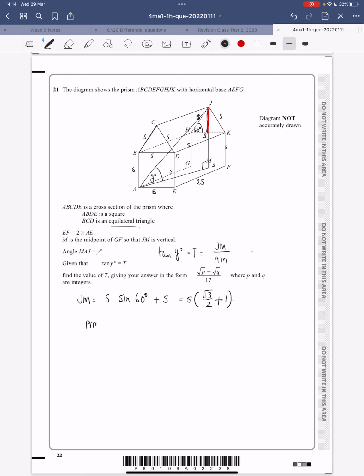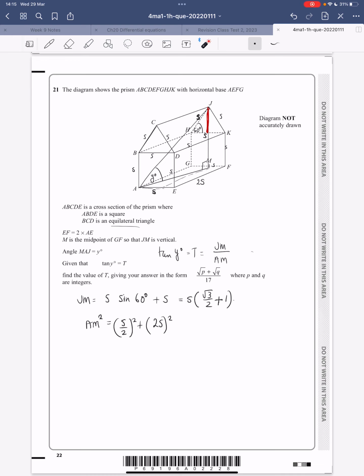Then A to M here is this one here. This is a right angle triangle. And then the length of AM squared is S over 2 squared plus 2S squared.